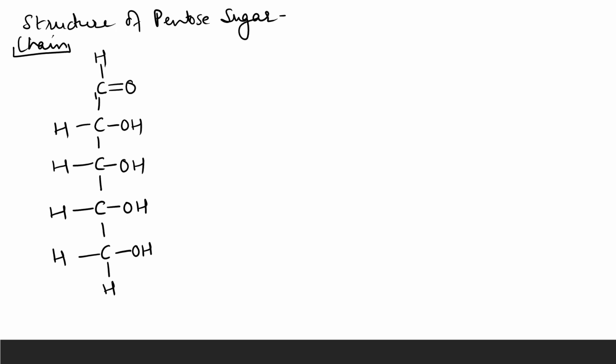So what will happen? This is C1, then we have C2, then C3, C4 and C5. Now something will happen between C1 and C4. What will happen? C4 will take this OH and will go to this place, right?